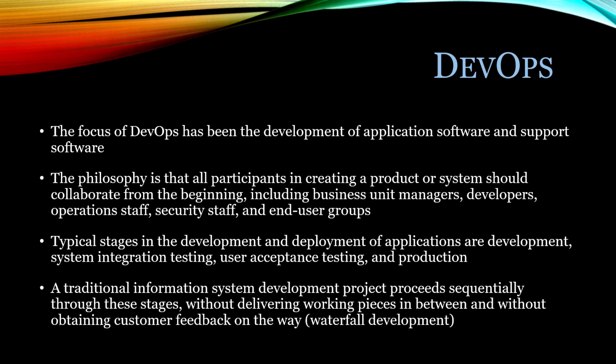A traditional information system development project proceeds sequentially through these stages. However, that doesn't always mean that they follow the same stages. We normally move sequentially through them, but there are methods that allow us to go back and forth. So these strategies in general are a part of the development process, system integration testing, user acceptance testing, and then production.